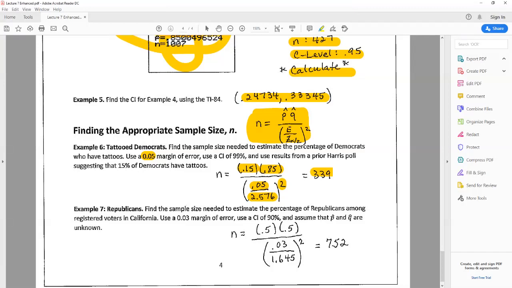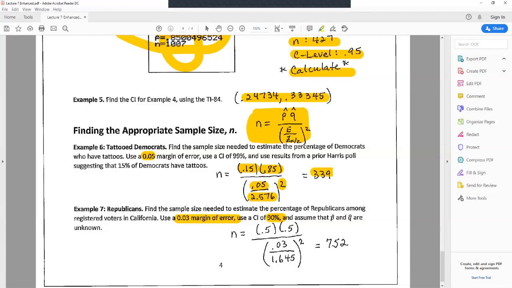Example 7, Republicans. Find the sample size needed to estimate the percentage of Republicans among registered voters in California. Looking for the percentage of Republicans among registered voters in California. This one says to use a 0.03 margin of error, and we have a 90% confidence level or confidence interval.